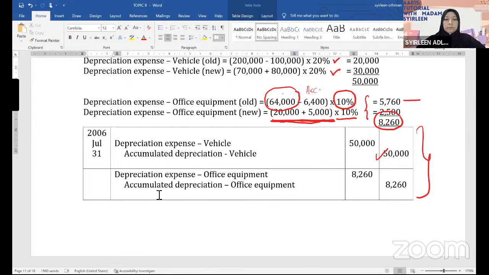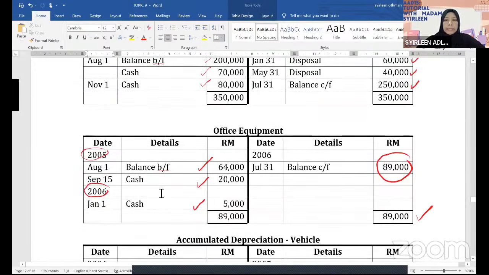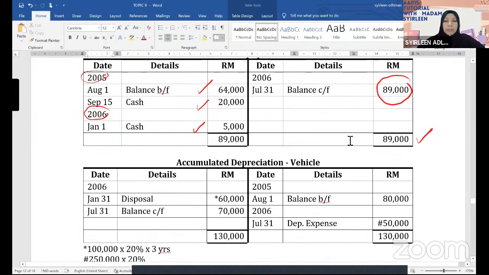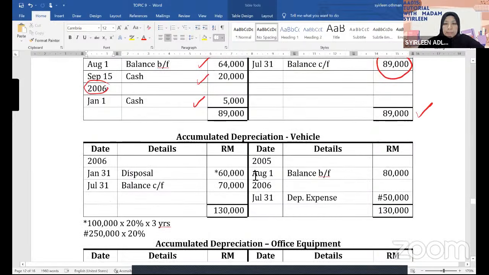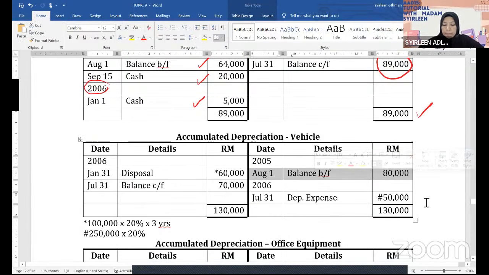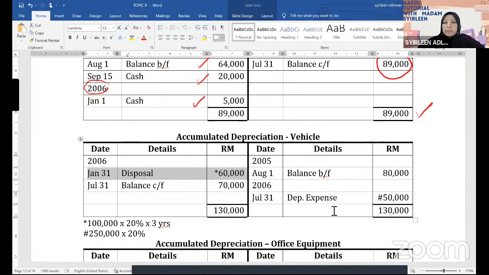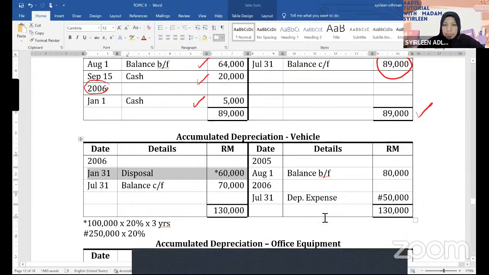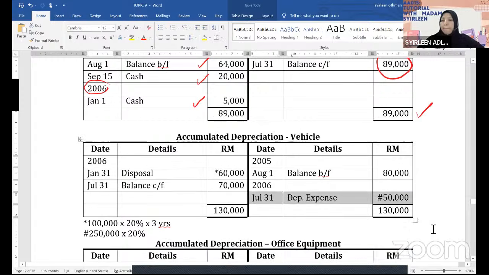Okay, so now in my ledger, okay. So 2005, saya ada balance 80,000. That is from the question. Okay. And then 2006, okay, I have disposal of 60,000. Okay. And then 2006, kita ada depreciation expense of 50,000.